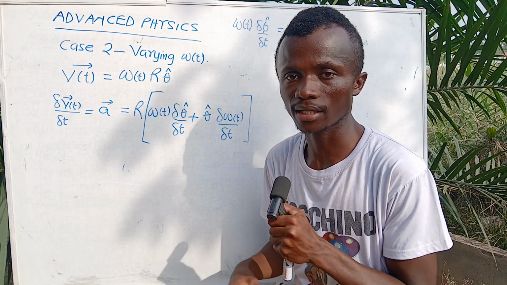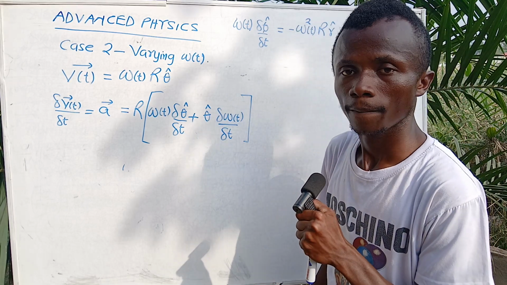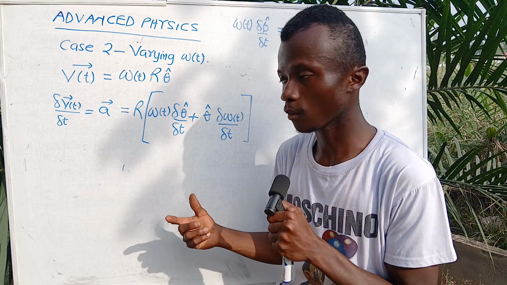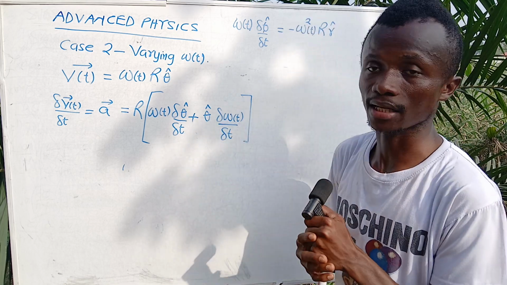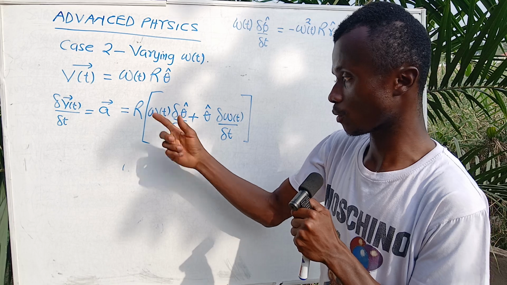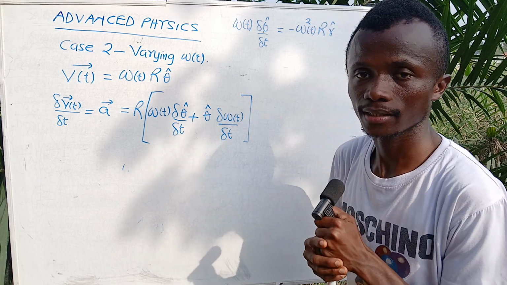That is a centripetal acceleration. We just did that now. That was the case when omega was a constant. And even though here omega is not a constant, it is the same quantity at that point in time.